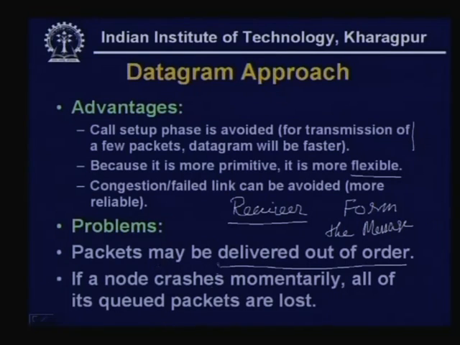So the destination node will require much processing power and storage space, so that all the received packets can be stored and then combined to form a message and forwarded to the upper layers.